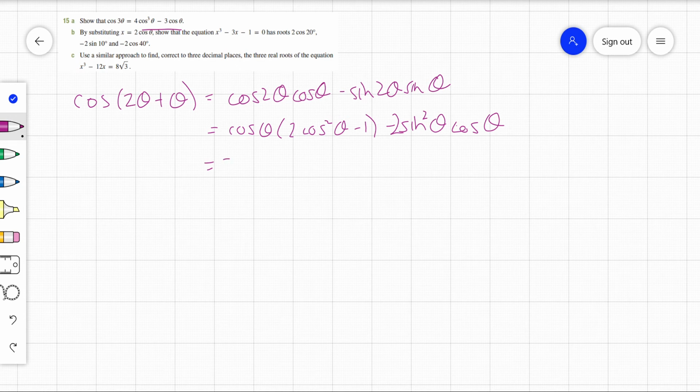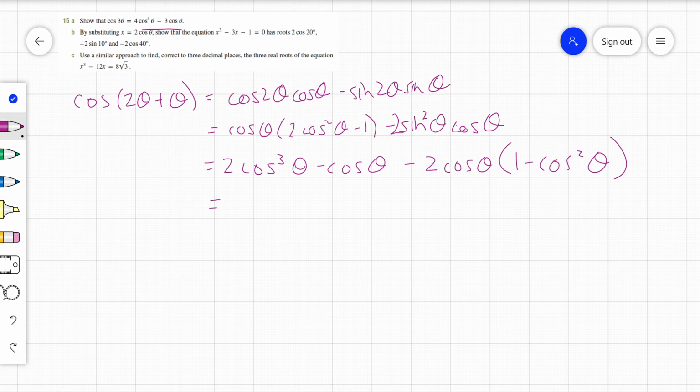And then again, if we expand that out, I'll put the cos first. Sin²θ is 1 minus cos²θ, there we go.